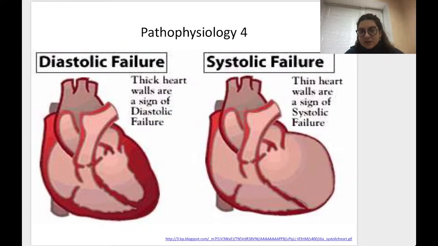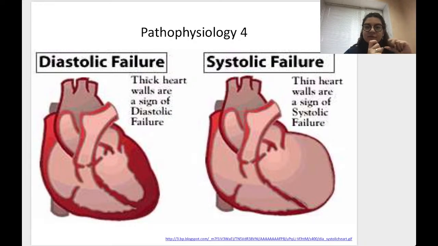This schematic picture shows us the difference between diastolic and systolic heart failure. You see, in diastolic failure there are mostly thick walls that are very resistant. They are not elastic enough and are not able to relax correctly. That's why it leads to abnormal diastole.